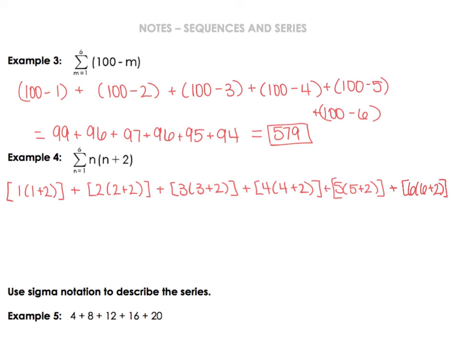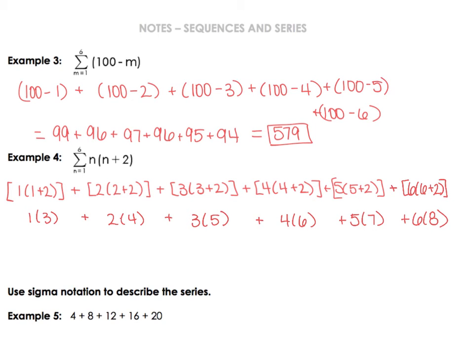So this one was tricky because not only are you plugging in n to the n plus 2, you have an n in the front of it as well. So you have to make sure you're plugging it into both pieces. Taking your time, this really looks like 1 times 3 plus 2 times 4 plus 3 times 5 plus 4 times 6 plus 5 times 7 plus 6 times 8.